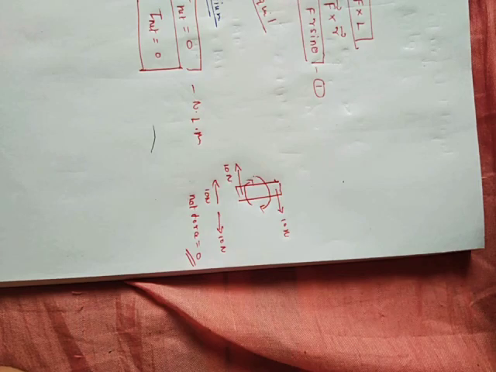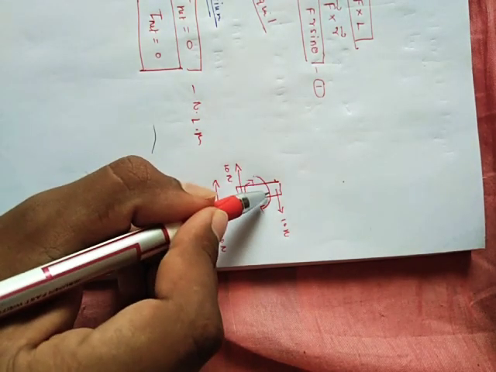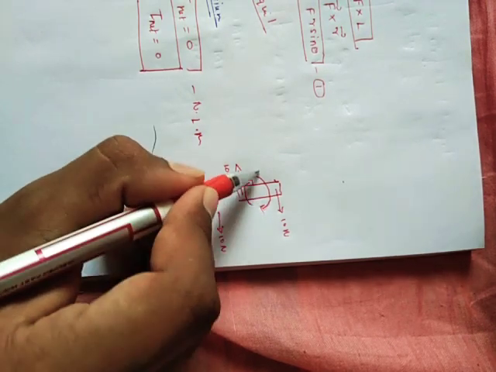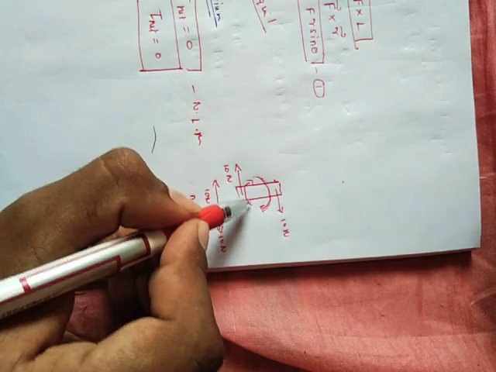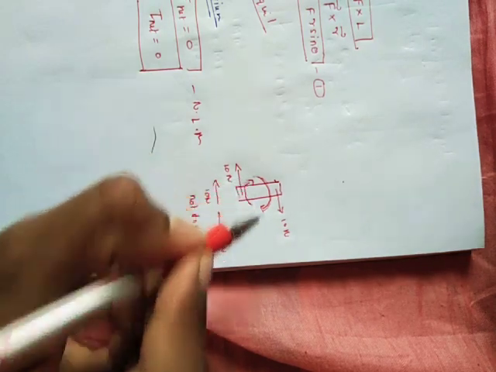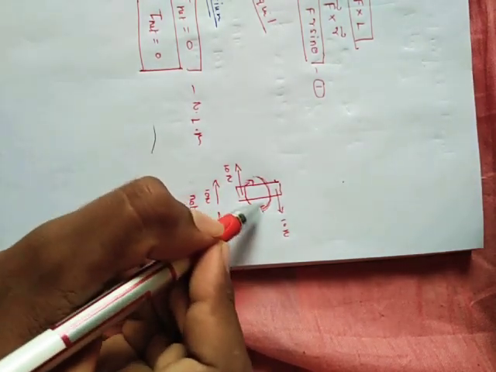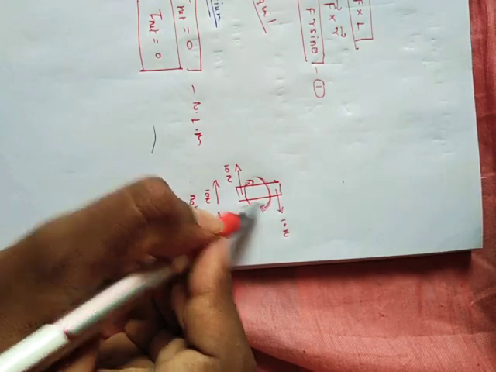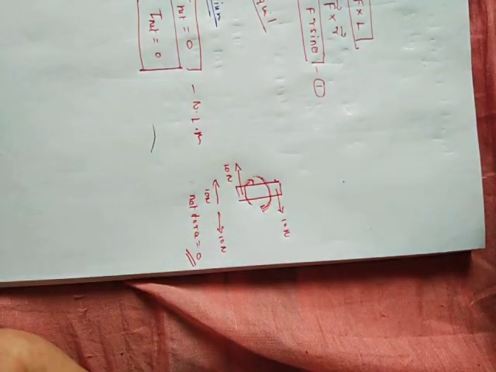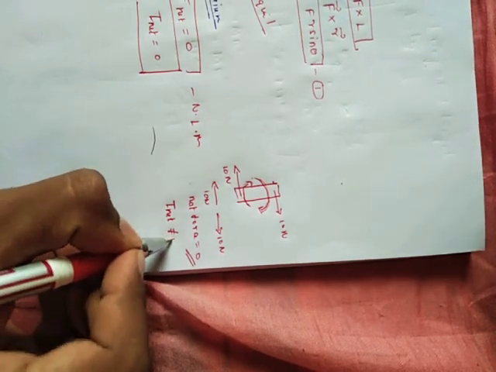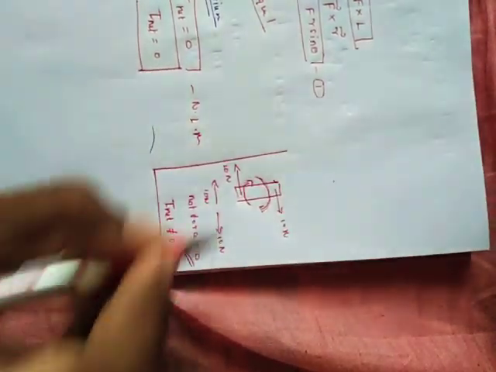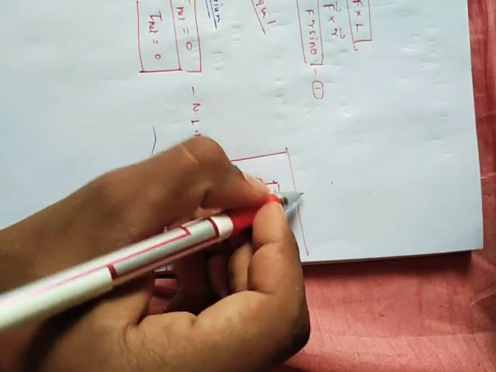Is the torque zero? No. Here the torque is acting in this direction, and here also in this direction. So the torques are in the same direction and never cancel out. The net torque would not be zero, hence this system is not in equilibrium.